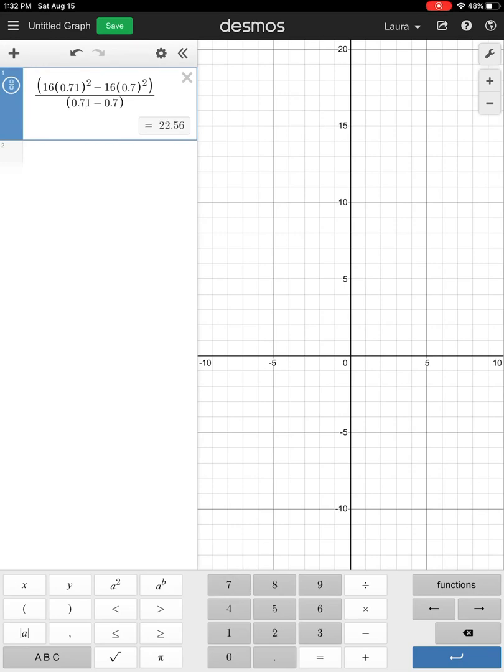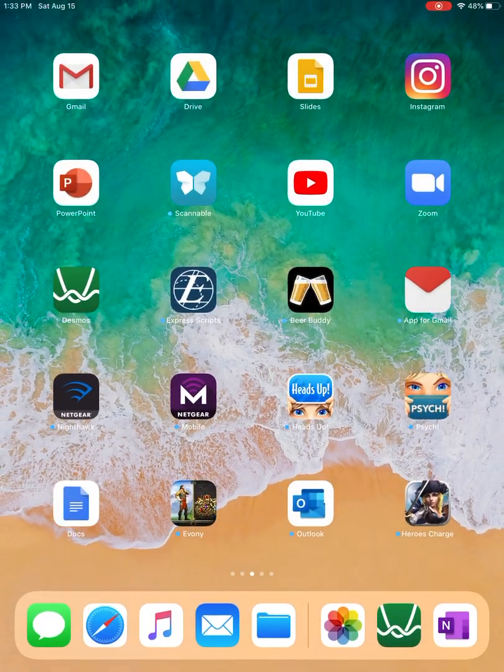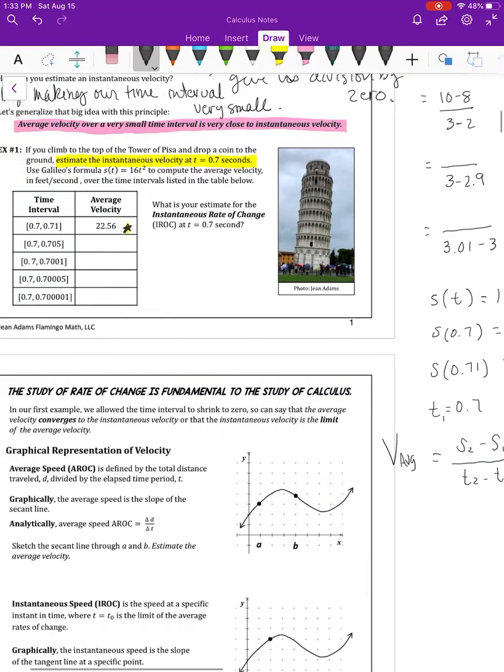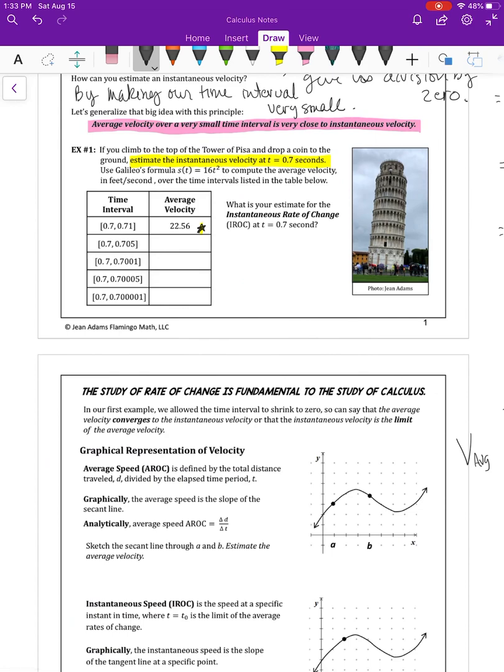Sorry, I missed my 7 there. There we go. There's my 22.56. And so now you can see back in your notes how they got that 22.56.